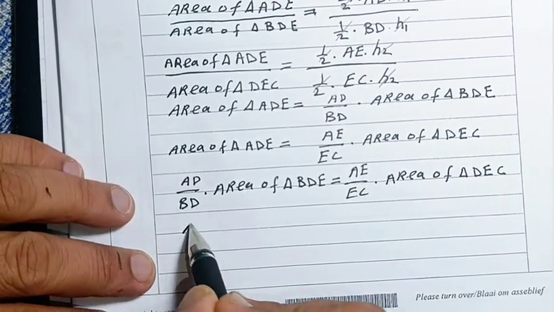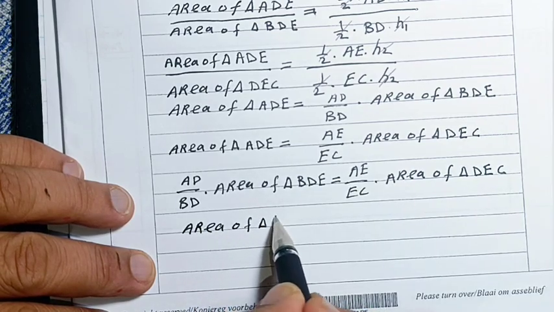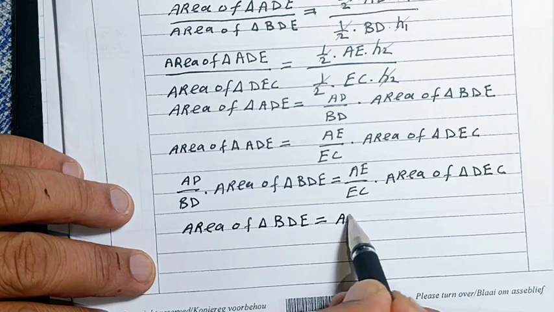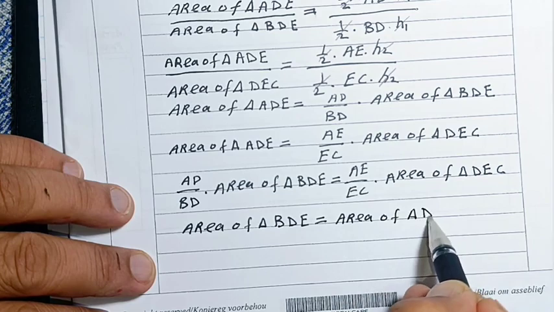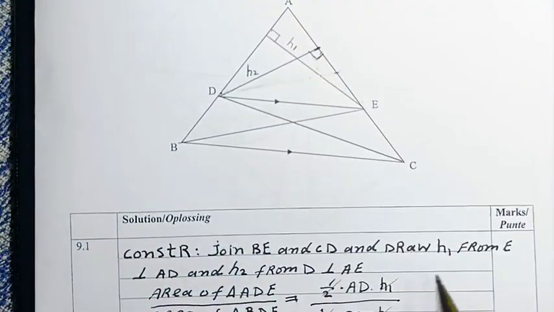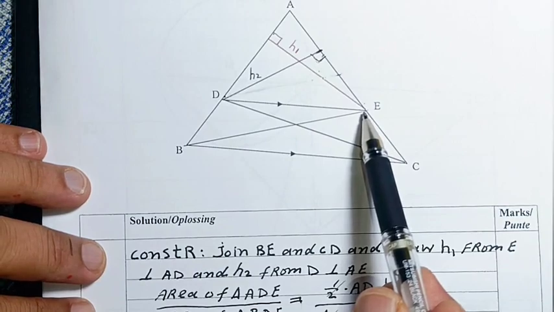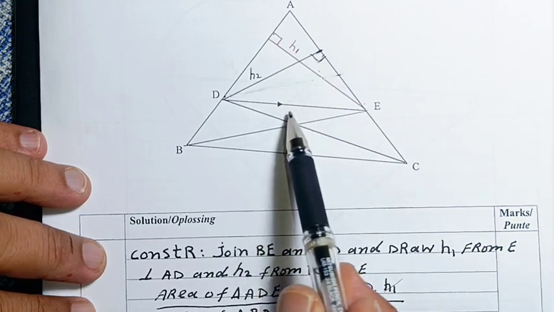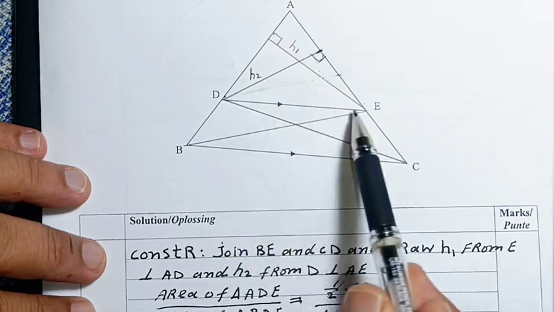But the area of triangle BDE is equal to the area of triangle DEC. Have a look, BDE, and the other one is DEC. So DE is common here. I make this the base now.